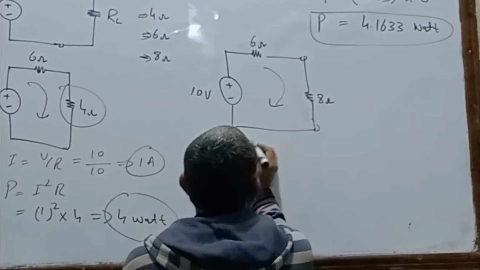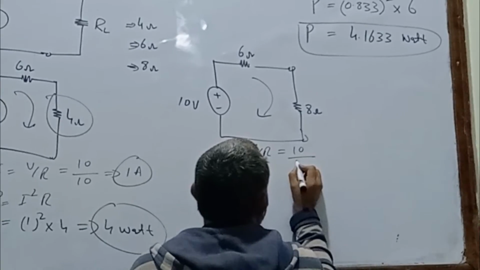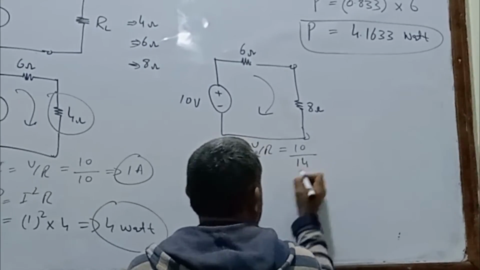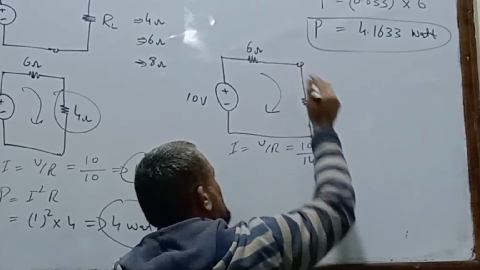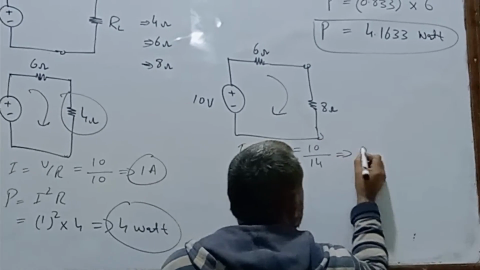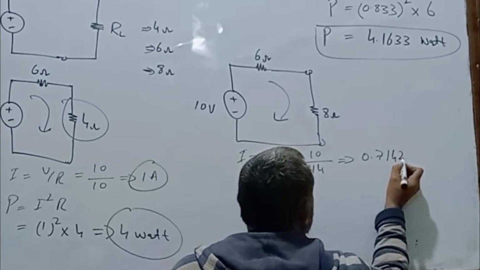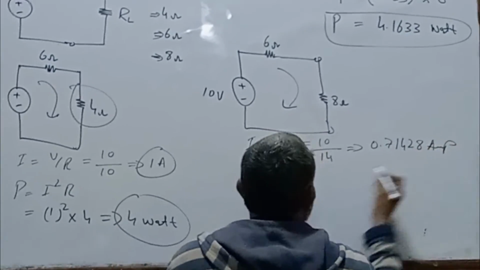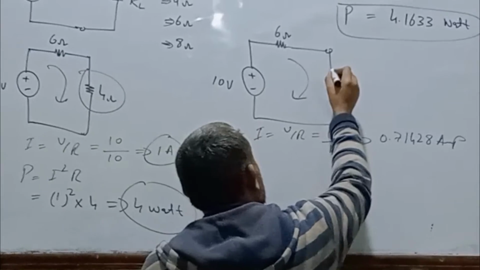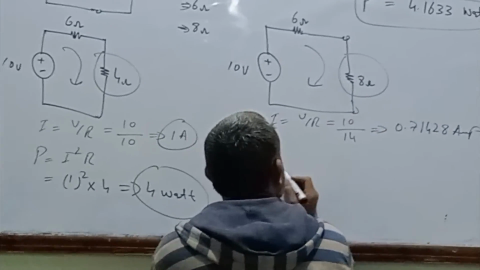Current I is equal to V by R. V is 10, R is 14, because it is in series. So the current is 0.7142 ampere. How much power is dissipated by this 8 ohm RL?